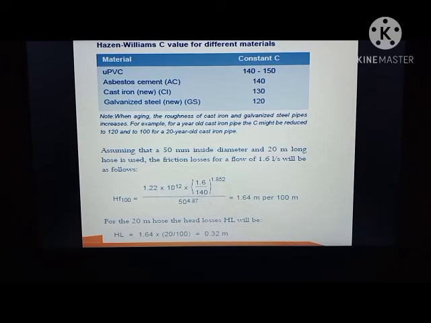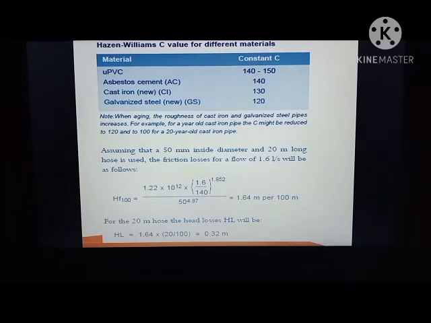The equation is HF100 equals 1.22 times 10 raised to 12 multiplied by the quantity of 1.6 over 140 raised to the power of 1.852 over 50 raised to the power of 4.87, equals 1.64 meters per 100 meters of friction.